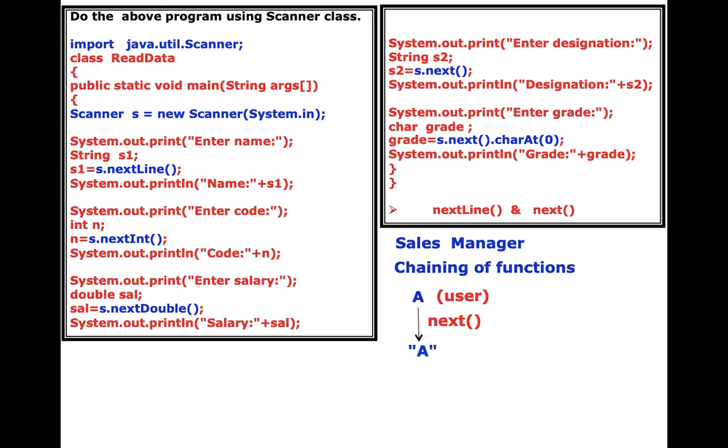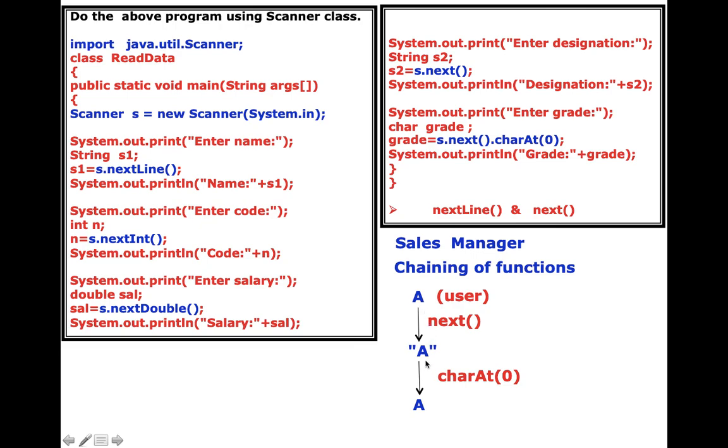So now when we write A dot charAt(0), the character at position 0 will be retrieved. Which is the character at position 0? It is again A. Some of you must be finding it very funny and absurd, but that is the way things work. Please understand that this is a single character, whereas this is a string in Java.